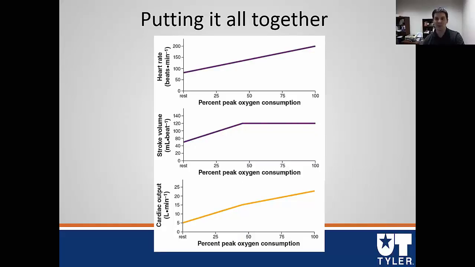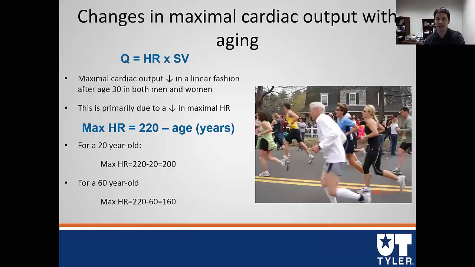So one situation where this comes together is the change in maximal cardiac output with aging. So why does cardiac output decrease with age? It decreases in a linear fashion after about age 30, and it's primarily due to a decrease in maximal heart rate. Most of you should be familiar with estimating maximal heart rate as 220 minus your age, right?